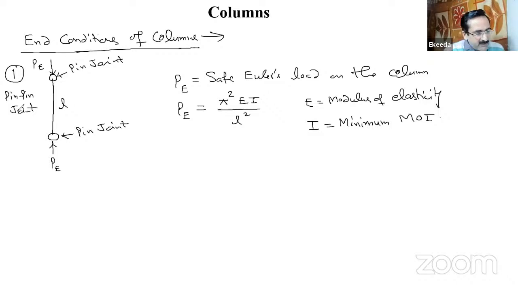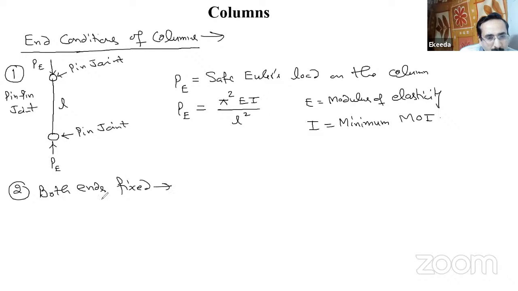Second, we can take the fixed column, with both ends fixed. Let us take this column with both ends fixed, and buckling takes place like this due to the application of the load.